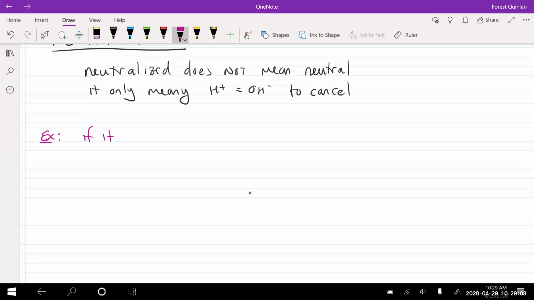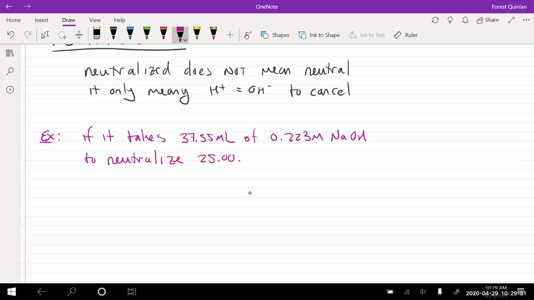If it takes 37.55 milliliters of 0.223 molar NaOH to neutralize 25.00 milliliters of acetic acid, how strong is the acid?